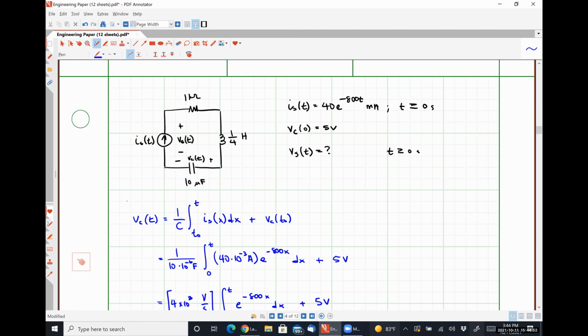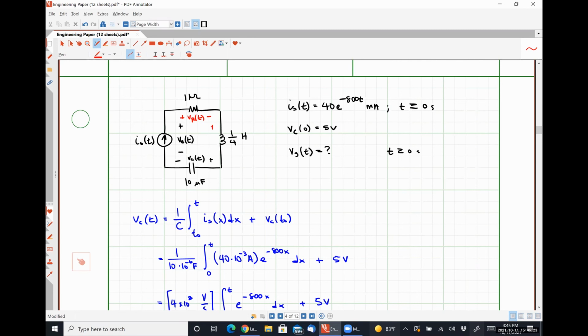You have acknowledged that all of these elements are in series, which means that we could apply Kirchhoff's voltage law and try to figure out some relationship from there. So what I mean by that specifically is, let's say I call this voltage drop right here VR of t, okay?